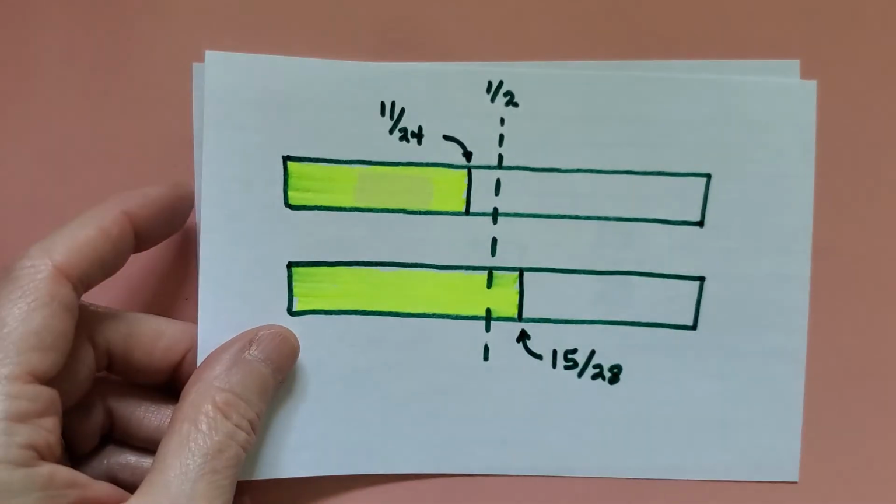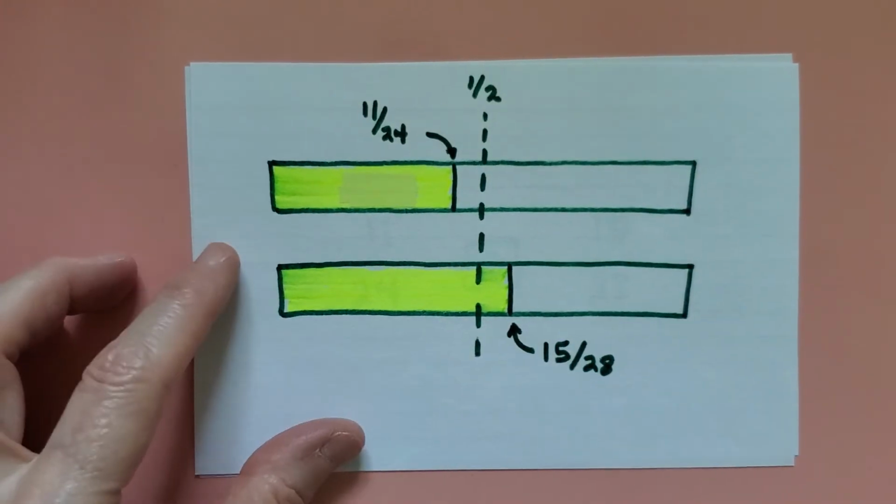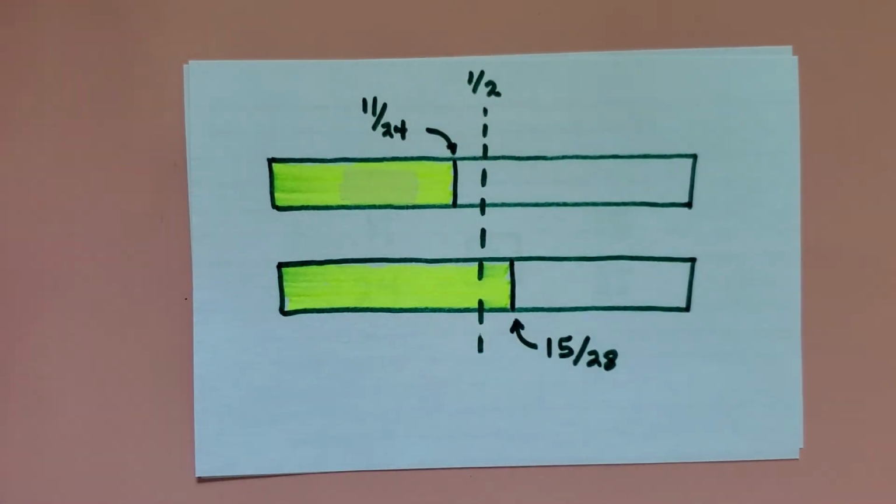Looking at this comparison visually and using 1/2 as a benchmark, I have made rectangles to represent wholes. The long rectangle is one whole. Since we're using 1/2 as a benchmark, I've marked off the 1/2 point in each of those rectangles.